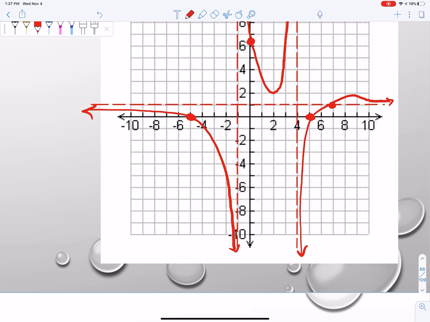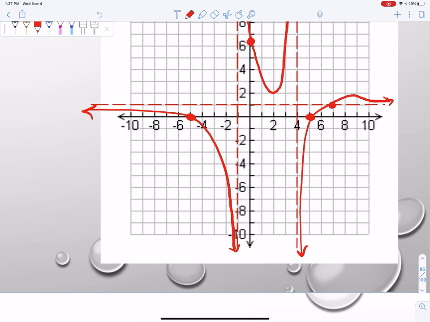It almost looks like the hump on a camel's back, where we cross from one side to the other, and when I cross the asymptote, I come back and approach it from the other side from which I had started.